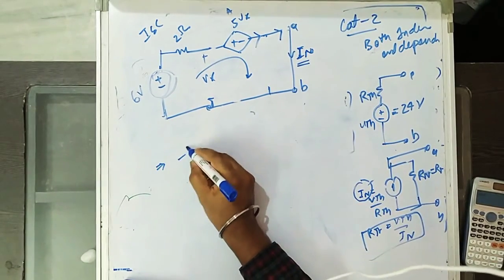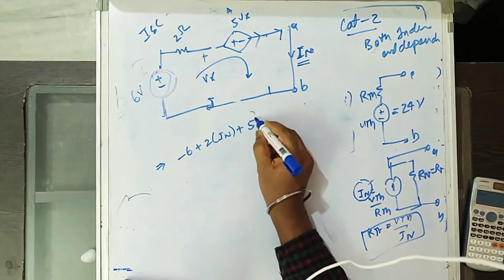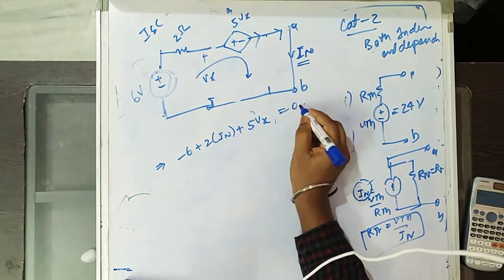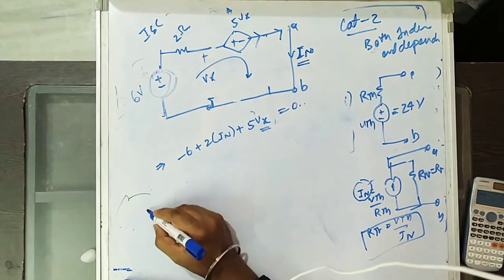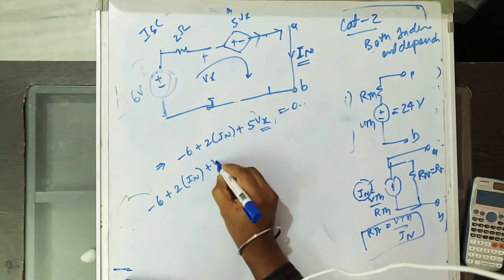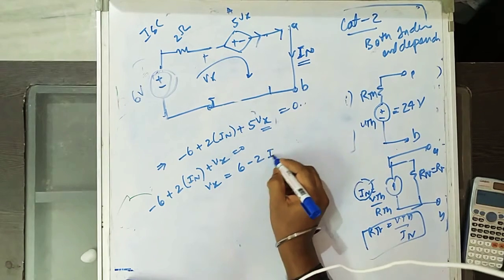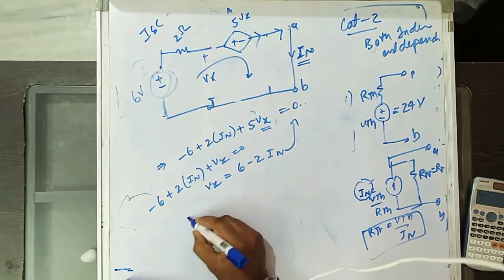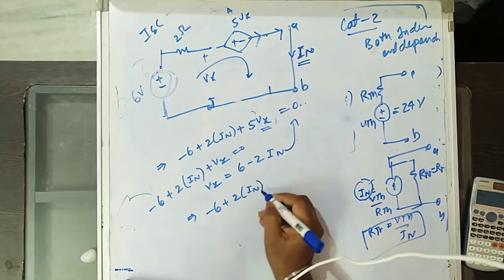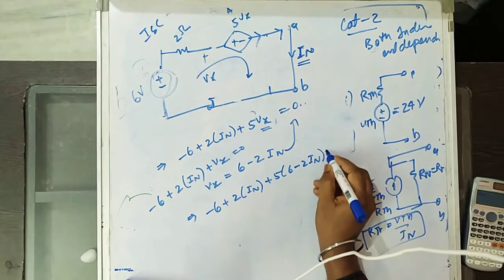So the loop equation is minus 6 plus 2 In plus 5 Vx equal to 0. Now for Vx we have minus 6 plus 2 In plus Vx equal to 0. So Vx equals 6 minus 2 In. Substitute this Vx here. We will get minus 6 plus 2 In plus 5 into (6 minus 2 In) equal to 0.